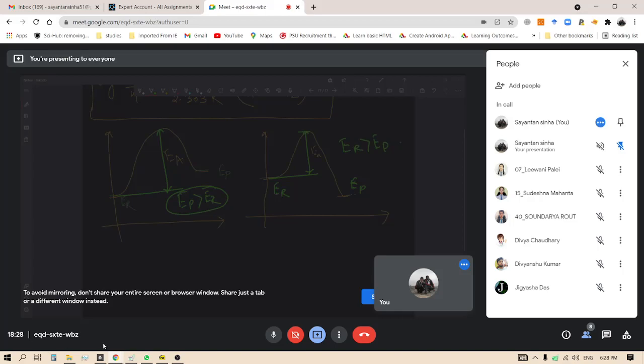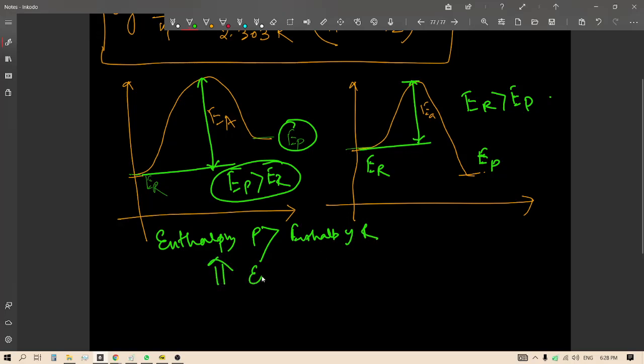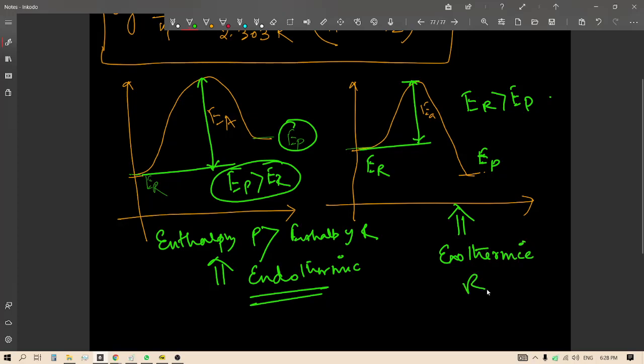Anyway, so whenever my energy of the product is more than that of reactant, which also means when the enthalpy of product is more than enthalpy of reactant, it is an endothermic reaction, and in the other case it is an exothermic reaction. So depending upon the type of reactions, the relative positions of the reactants and the products change.